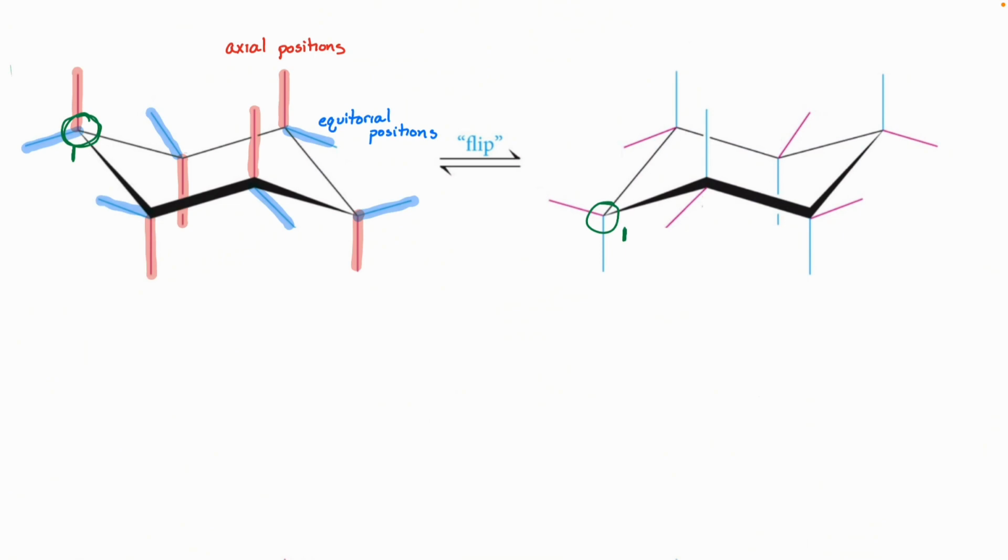And we can follow that it's the same carbon because over here, we can say it's at a peak, right? It's at the tip of a triangle that's pointed up. And then on the other side, now it's at a valley. It's at the bottom of a triangle that's pointed down in space now.